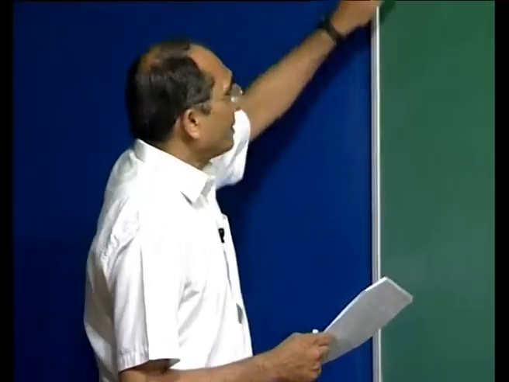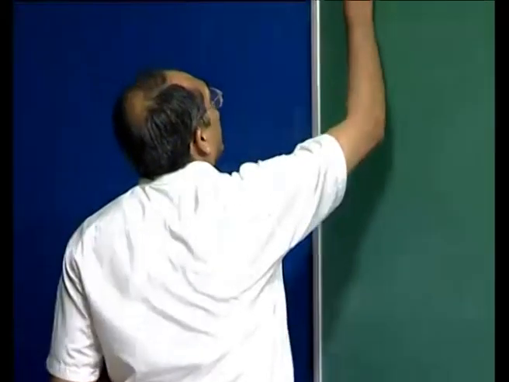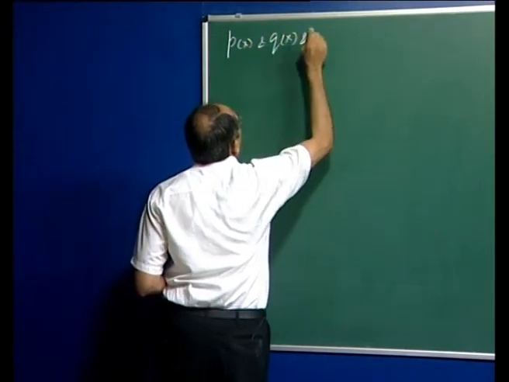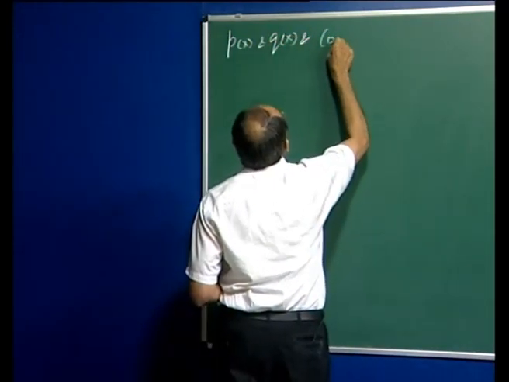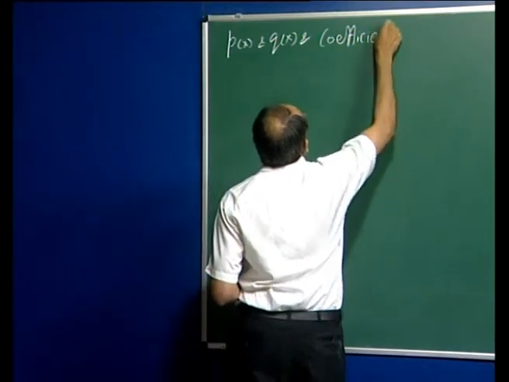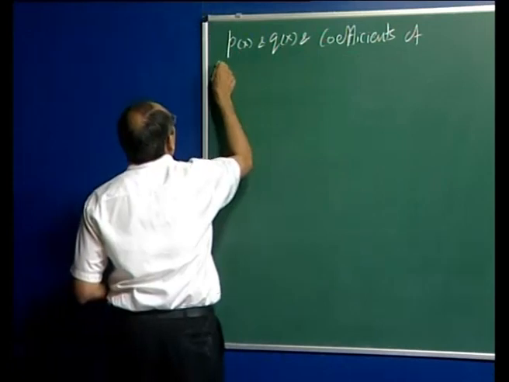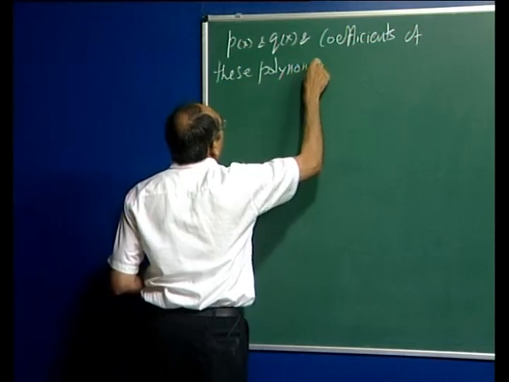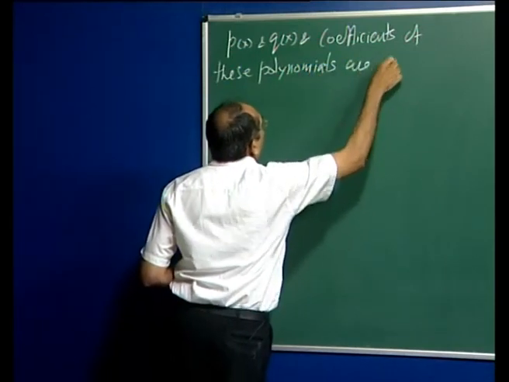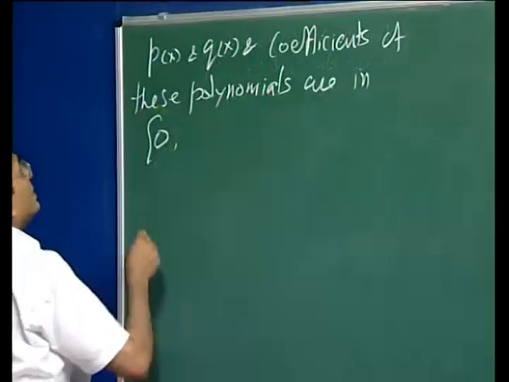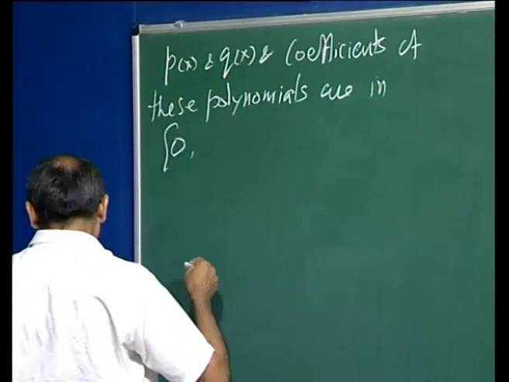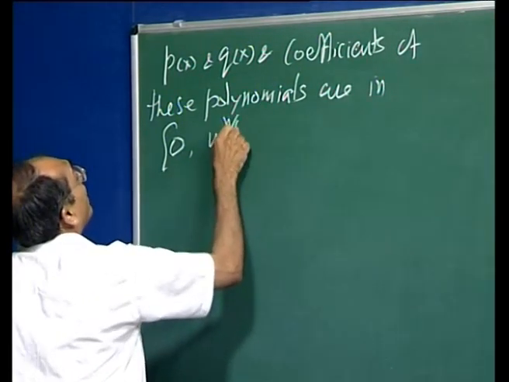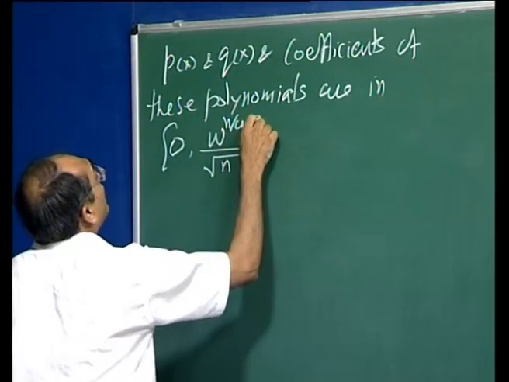So, finally, one more remark. In case we have a polynomial, suppose we have p of x and q of x, and the coefficients of these polynomials are in the range 0 to W power n by 4 divided by square root of n.